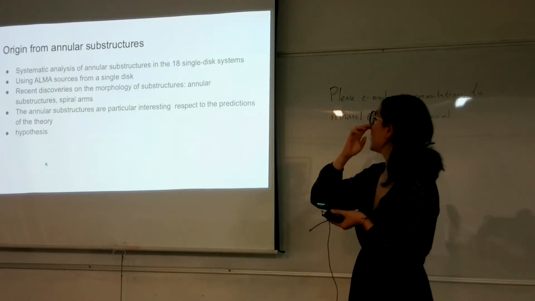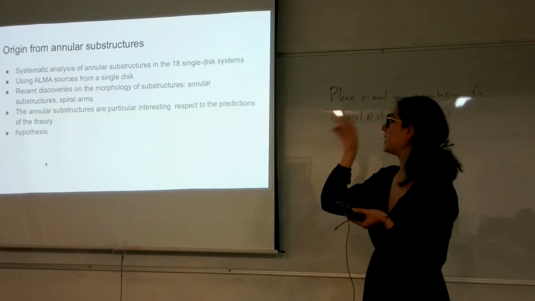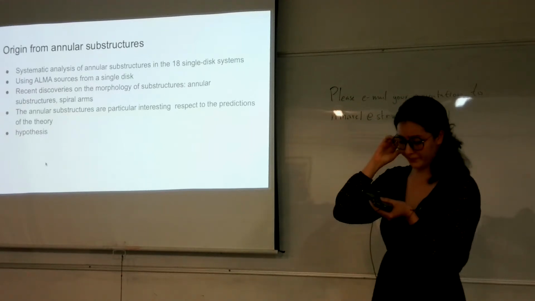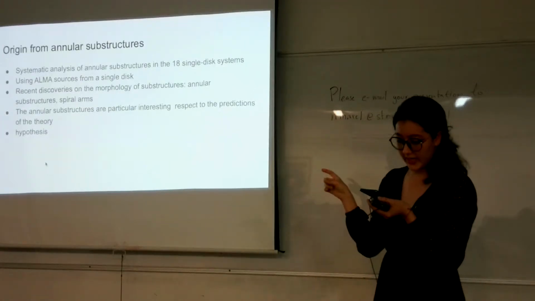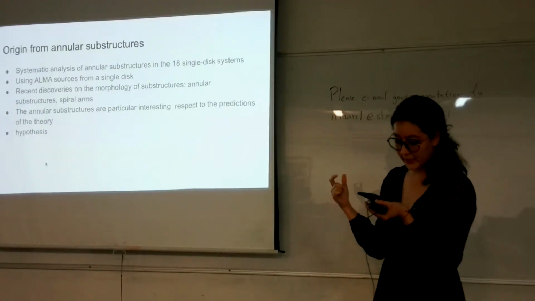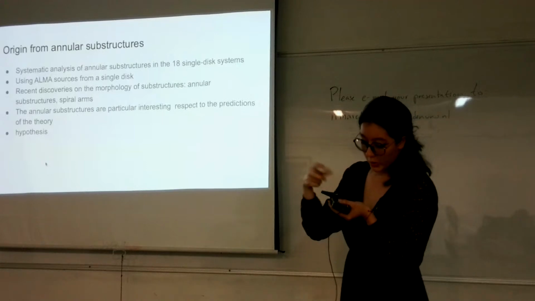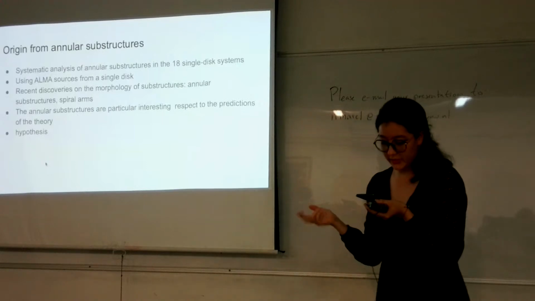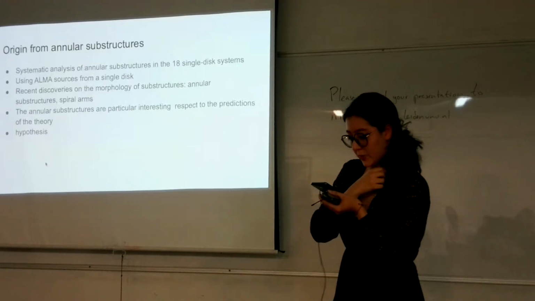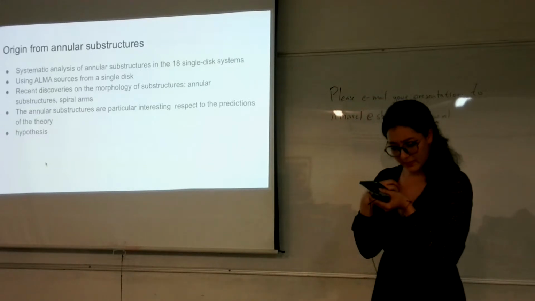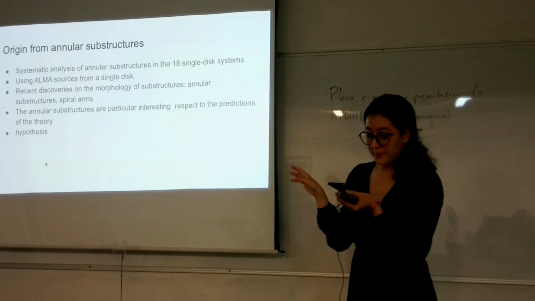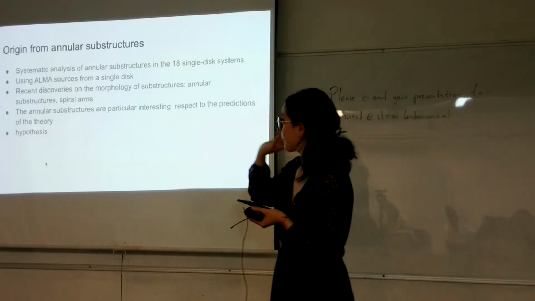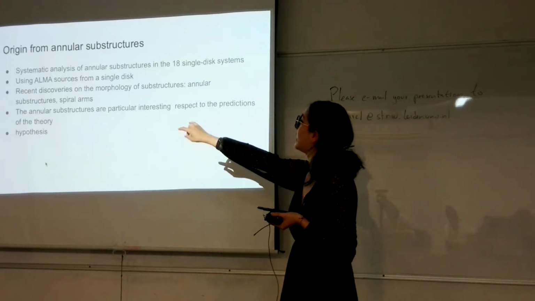So there exist some hypotheses about the origin of this annular substructure. One of these is that condensation can affect how those grains break up, grow, and settle, which in turn causes dust to accumulate in the vicinity of various snowlines.